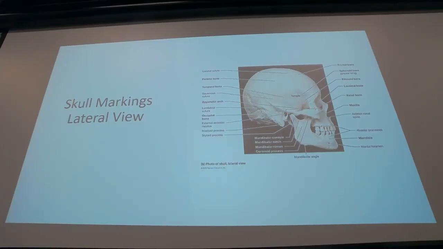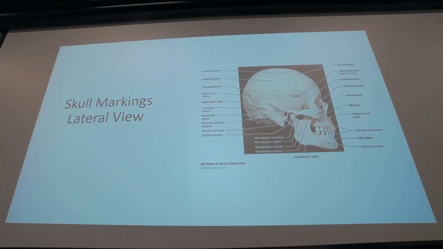So those are lateral sutures that we can see: squamous suture, the frontal or coronal, lambdoid, and then occipitomastoid here.